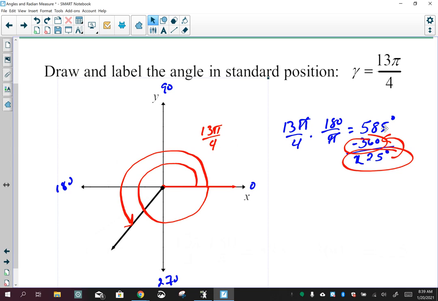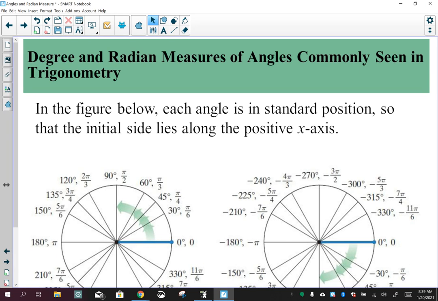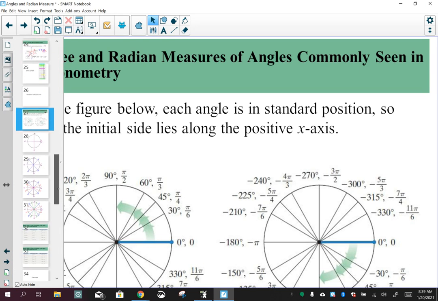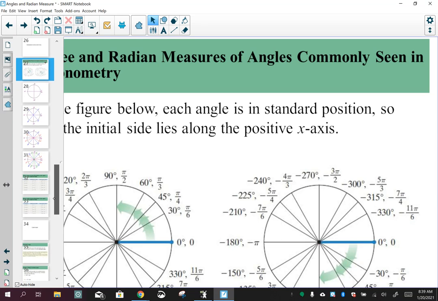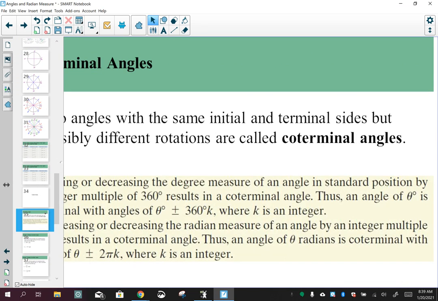Since 585 and 225 have the same terminal side, they are considered coterminals because they end in the same spot. A coterminal is basically like you and me going to meet up at Applebee's down the street. You're coming from your house and I'm coming from my house. Your house is going to be closer because I live somewhere else.